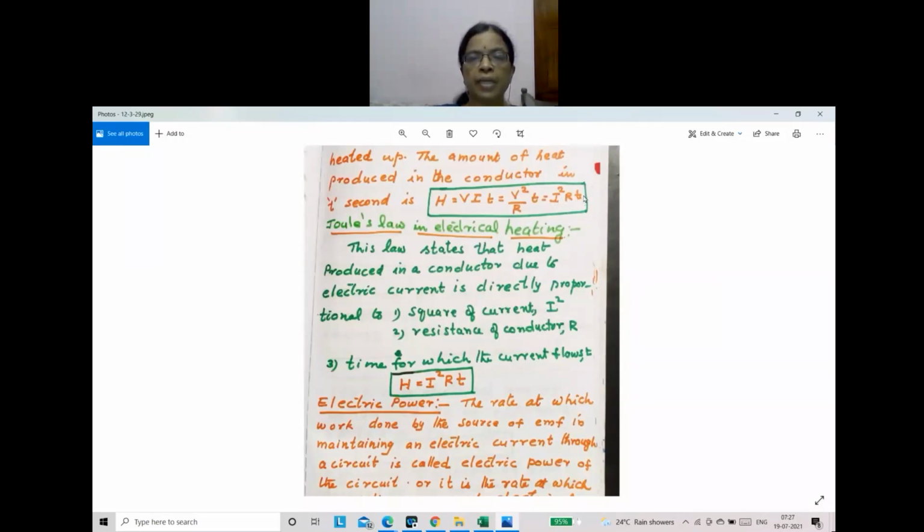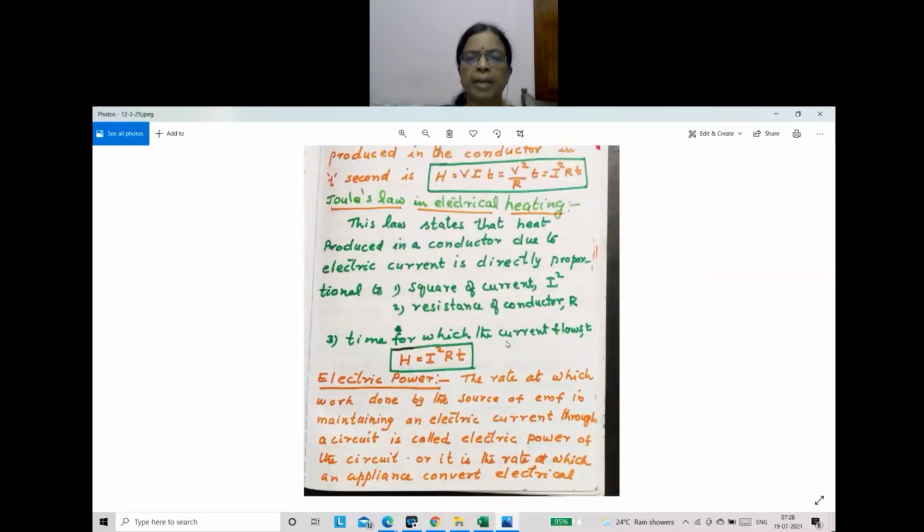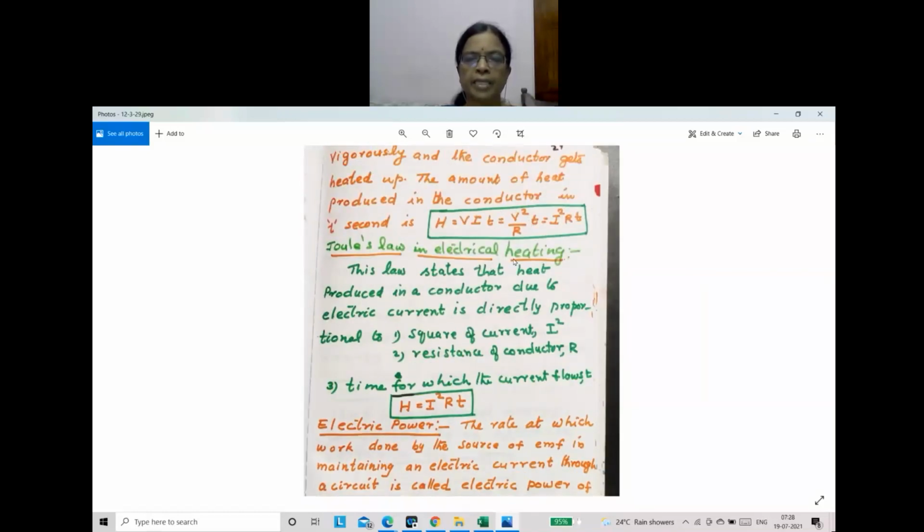So if resistance is more, the heating effect will be more. Joule found this formula I squared R by doing experiments, and it was proved later. So the heating effect produced in a conductor is directly proportional to the square of the current, the resistance of the conductor, and the time for which the current flows. H equal to I squared RT, and the other formulas we derive by substituting I equal to V by R.